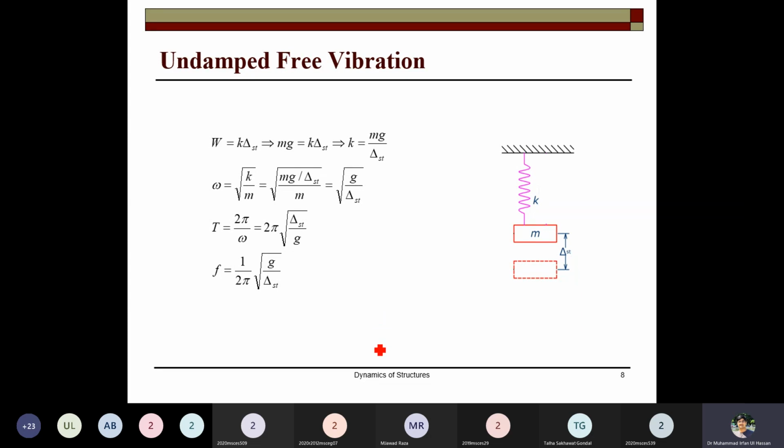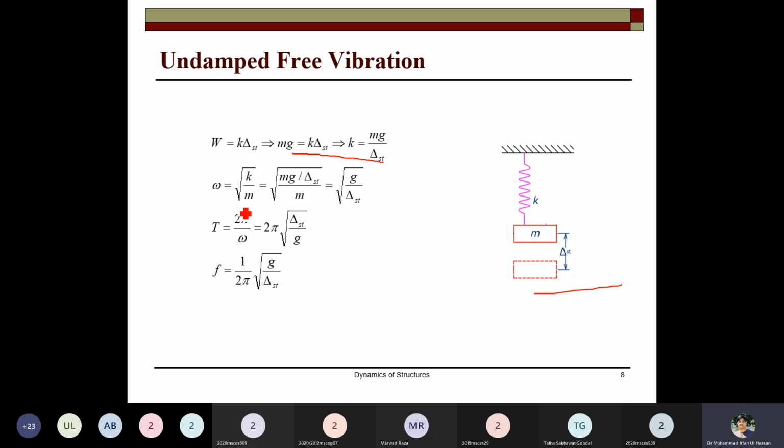And for the hanging spring also, this was the problem, where for a hanging spring, what will be the displacement? Delta st. So W is equal to mg, where W is also equal to force, which is equal to kU. U is delta st, and we know that W is equal to mg. So this implies that mg is equal to k delta st, and k can be computed.